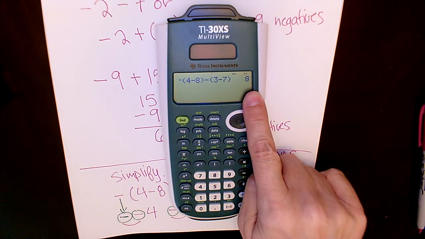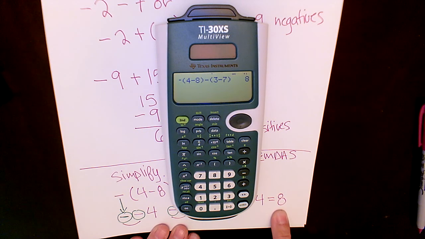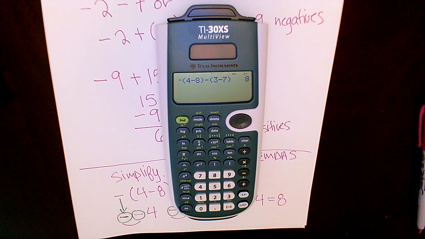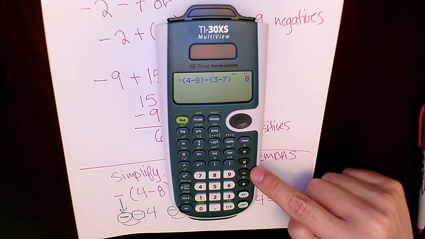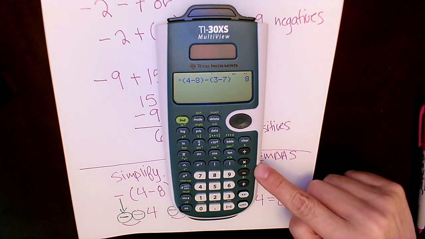And I get positive 8, which is exactly what I got down here. So if it's a negative, put in your negative sign, which is next to the enter. If you're subtracting, like 4 minus 8, 3 minus 7, those are both subtraction signs, and that's above the plus.